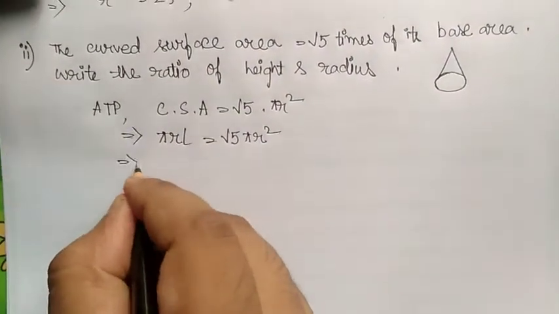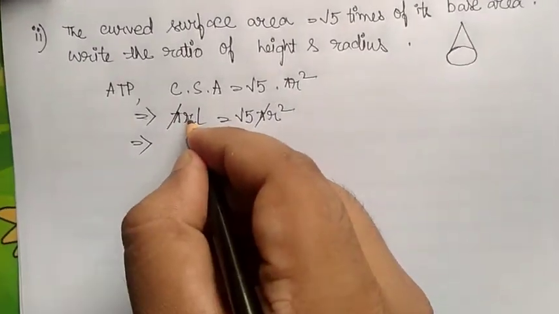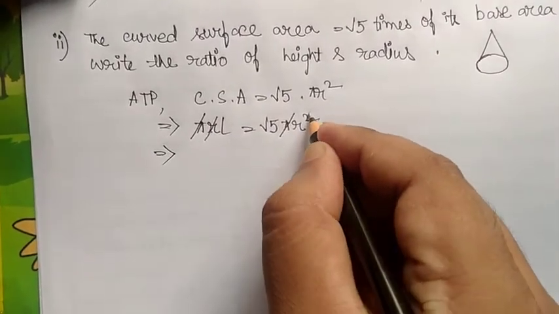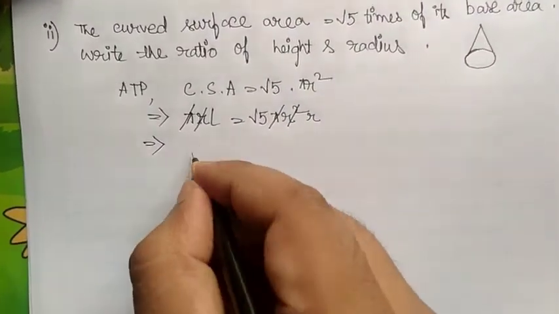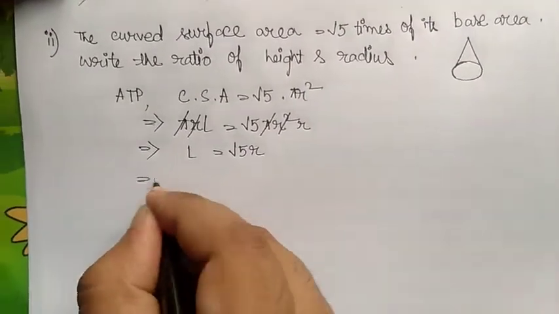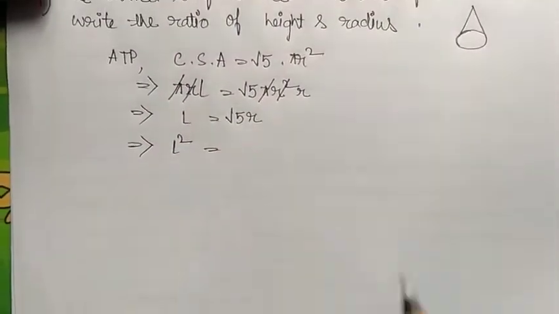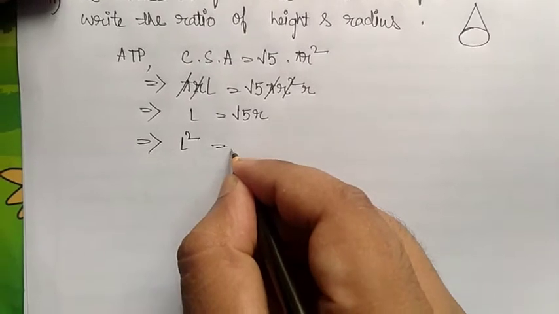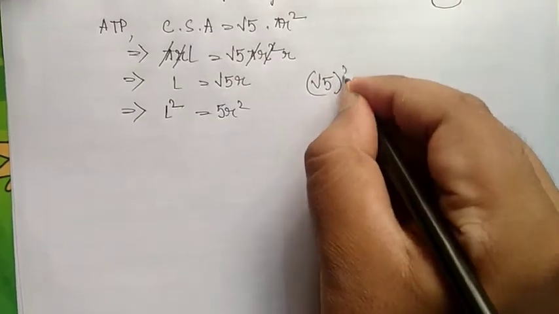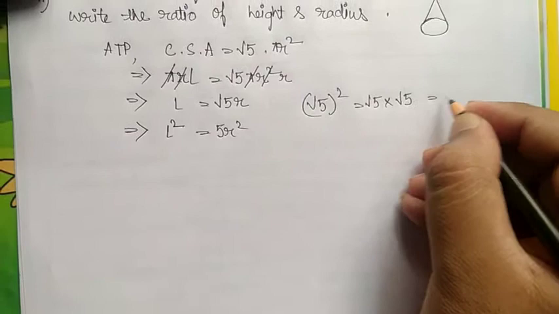So therefore we can eliminate both the pi, and here 1 r and here 2 r's, so we can eliminate 1 r, so remaining should be r. So we can say that L equal to root 5 r. If we square both sides, we get L square equal to 5 r square. Root 5 whole square means root 5 into root 5, which means 5.